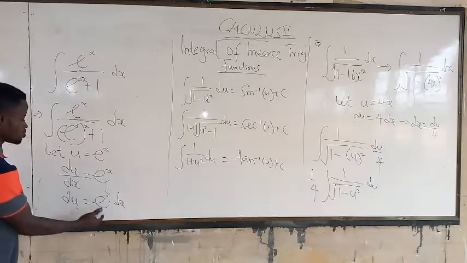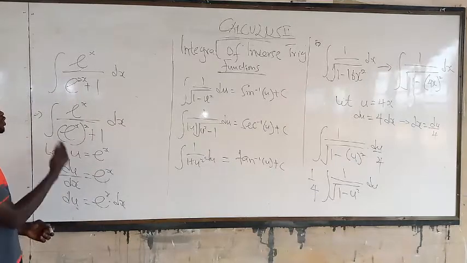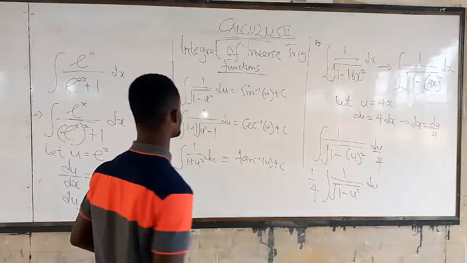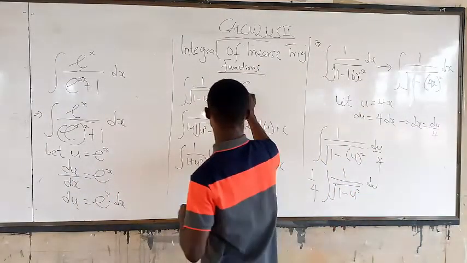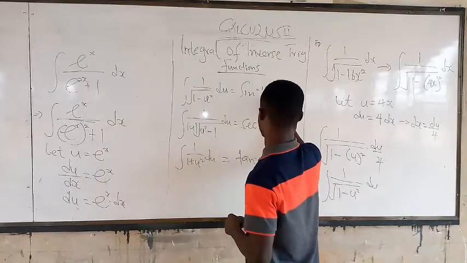Or you can also make ds the subject and do substitution, and it will cancel out. It's the same thing.